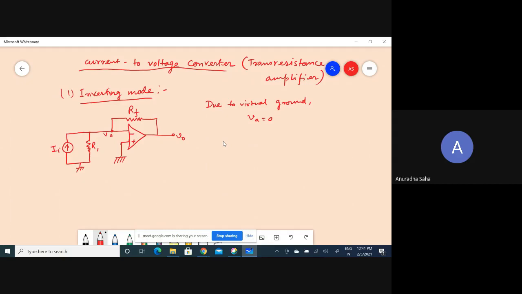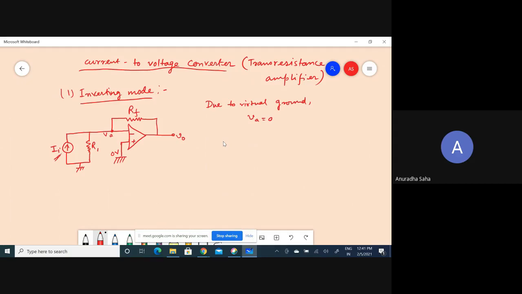So automatically this terminal is directly grounded, so this must be at 0 volt. So automatically this VO must also be 0. If it is so, then automatically the current through R1 is also 0, because VA is 0. So the only thing appearing as a current in this circuit is due to this current source.